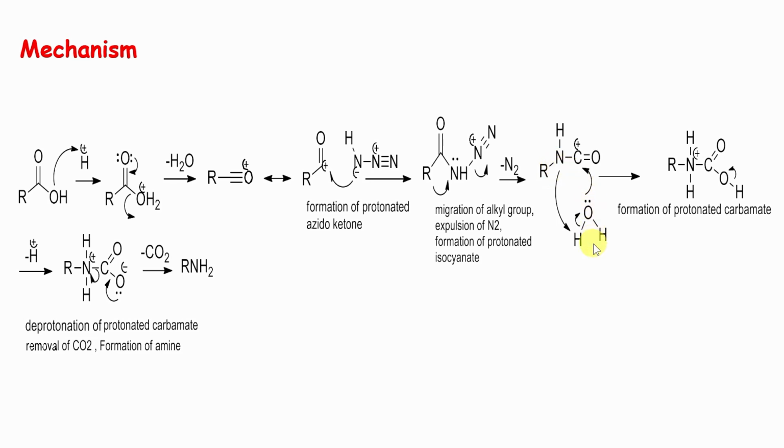To this protonated isocyanate, a water molecule is added, thereby forming a protonated carbamate. This protonated carbamate is deprotonated, followed by the elimination of carbon dioxide, forming the final product, primary amine. That is the mechanism involving Schmidt rearrangement.